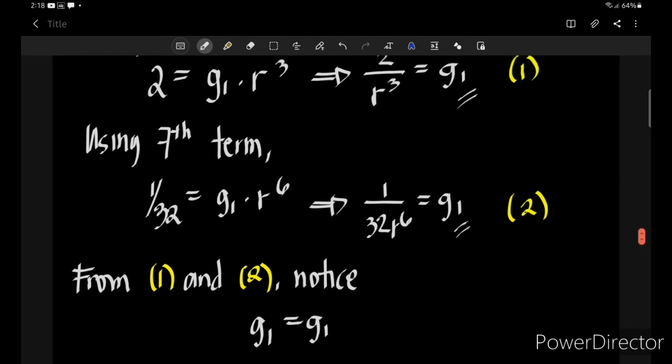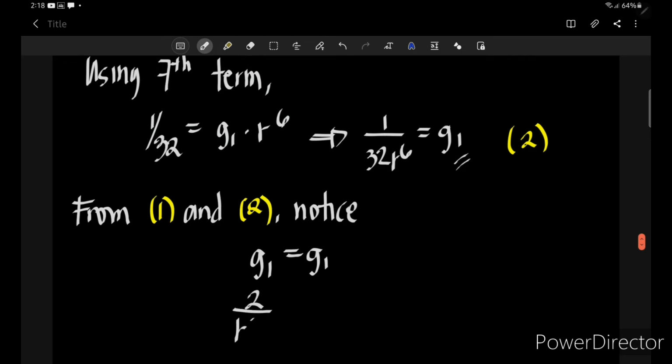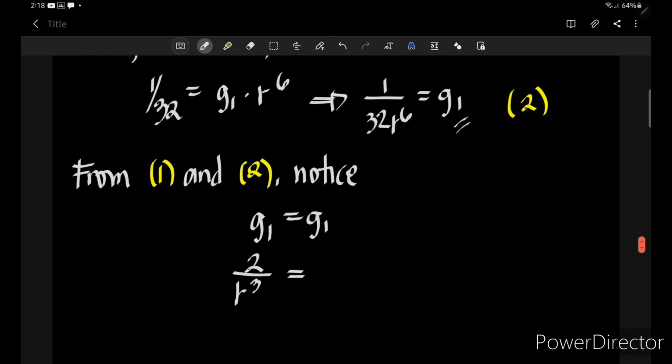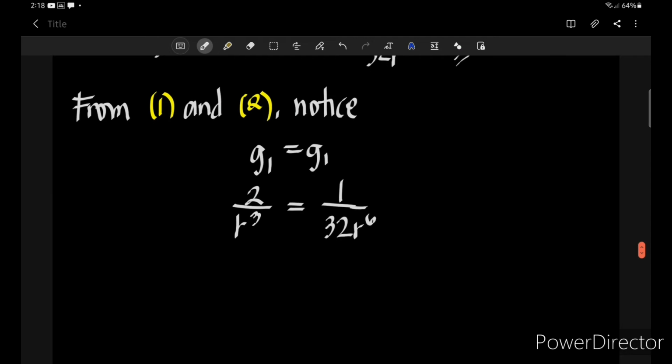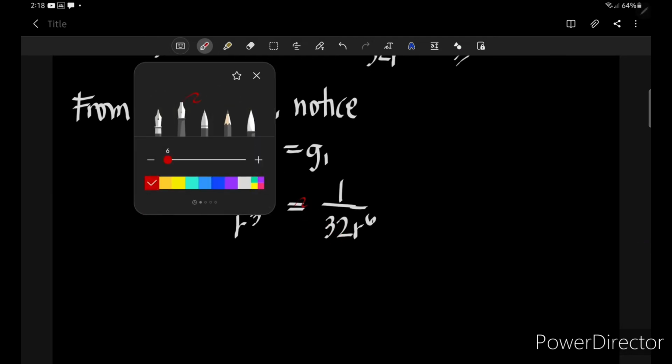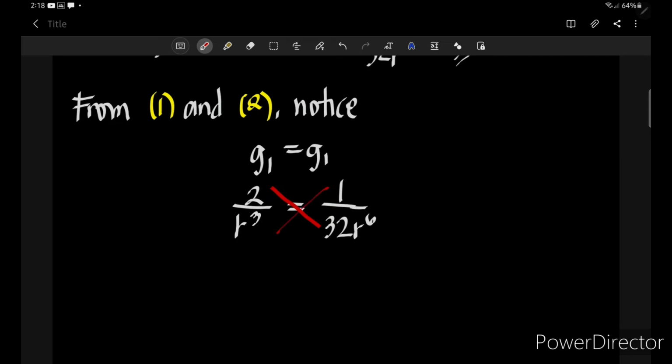We have 2 over R cube equal 1 over 32 R raised to 6. Bakit natin ginawa to? Para makuha natin yung value ni R. No? So, we're going to proceed with this process, no? Para makuha natin yung common ratio. How? All you have to do is to conduct a cross multiplication. So, makakakuha tayo ngayon ng 2 times 32R raised to 6 is 64R raised to 6 equal 1 times R cube is R cube.